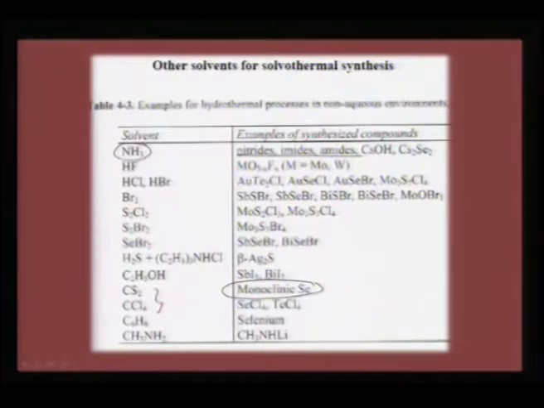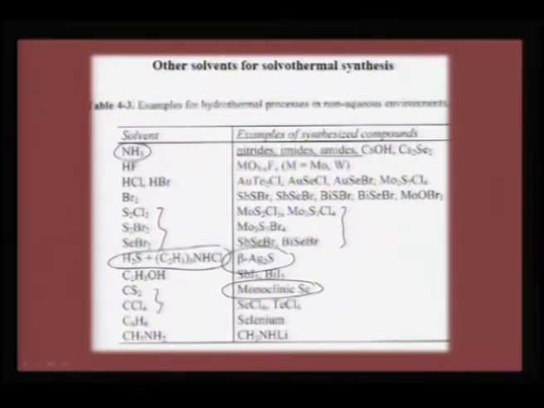These are all useful materials for making a specific end product, and if we are looking for sulfides, for example, H2S is usually the preferred solvent, dissolved in an organic solvent can play a vital role, and we also have several other brominating and chlorinating agents like thionyl chloride and so on, which can be used for chlorinating transition metal oxides.